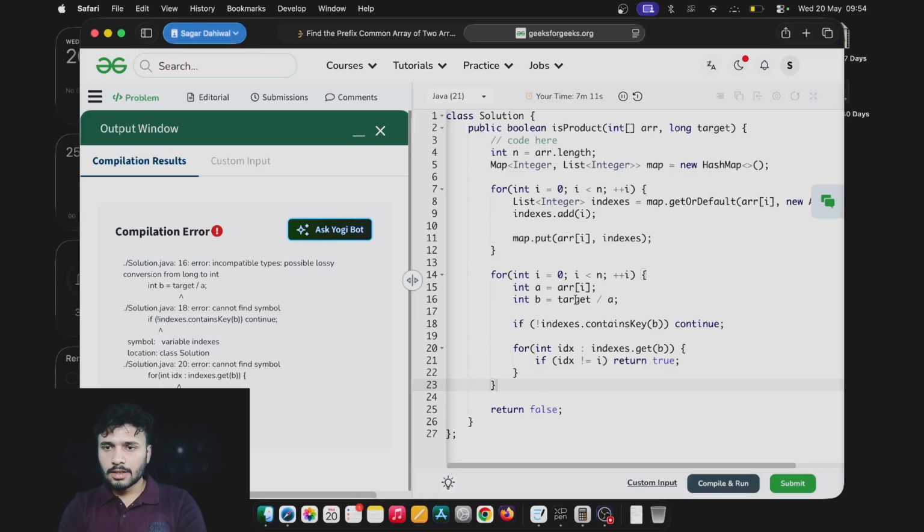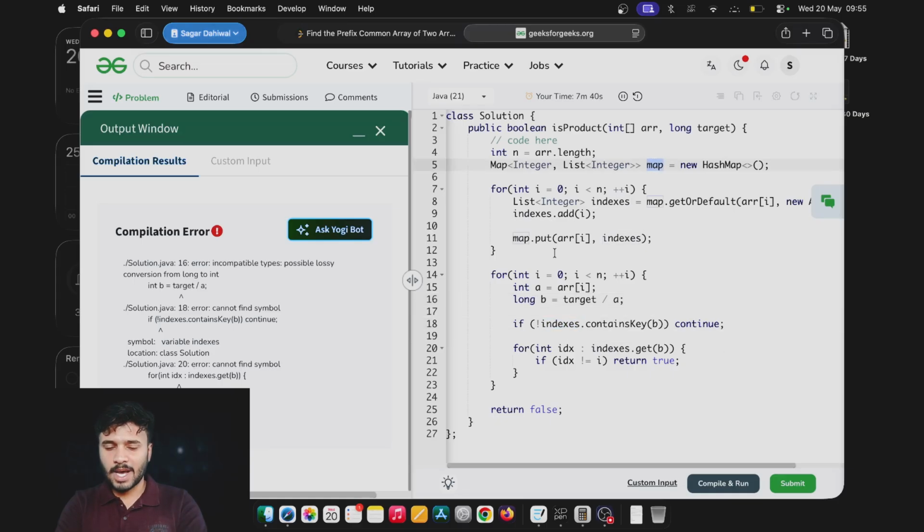Target. Okay, the target is long. Possibly the issue is that we are converting long to int, and that is why it's showing an error. And the other is the indexes variable, not okay. Got it. So we need long here, right? And this is not present.